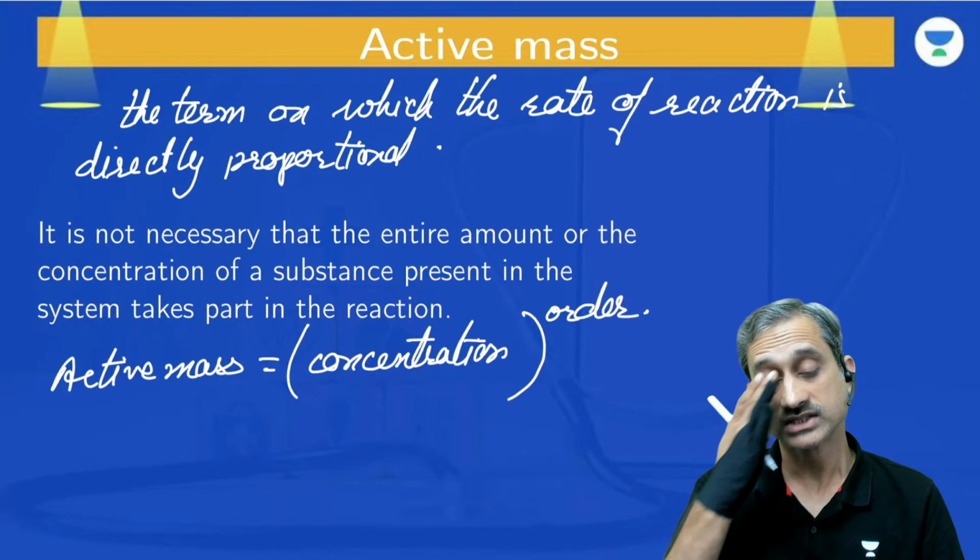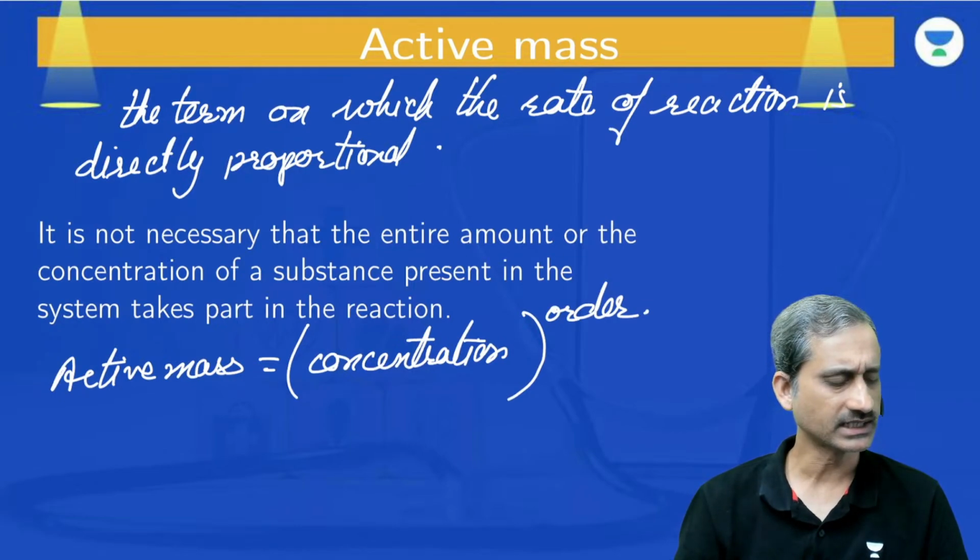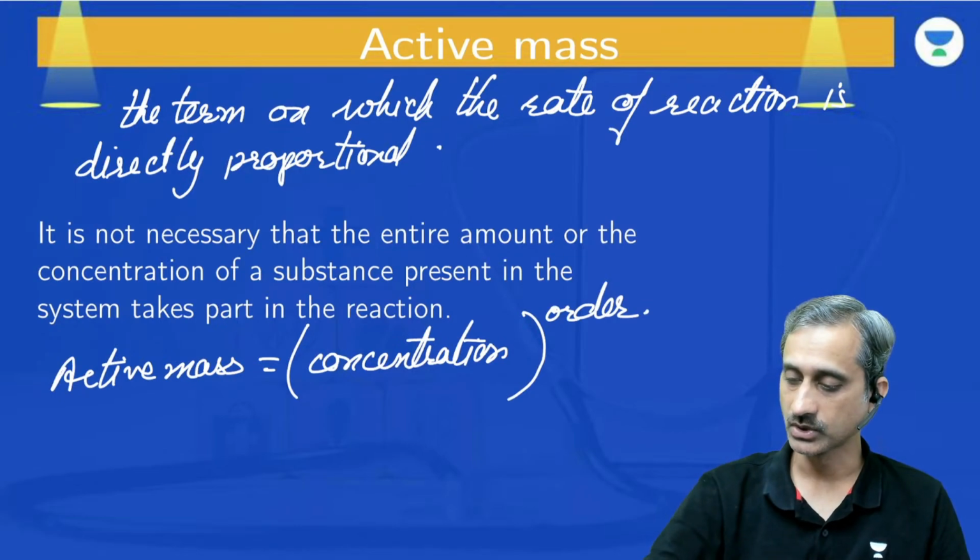The number to which the concentration must be raised to get the active mass of the reactant is termed the order. So this is what you need to remember and learn. And then we are going to talk about what the active mass is.